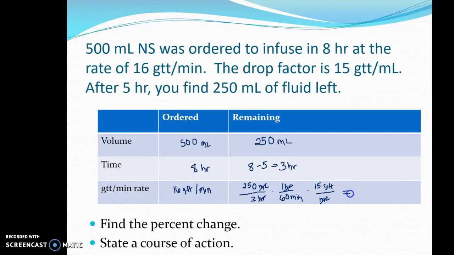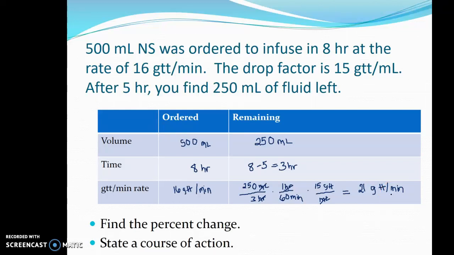So I go ahead and do my math. So I multiply across the top, across the bottom, and do the division. Because I physically need to be able to count these drops, I have to round to a whole number. So my rounded answer here is 21 drops per minute. So if I would reset the IV at 21 drops per minute, provided nothing else happened, this IV would finish within the 8 hours like it was originally ordered.